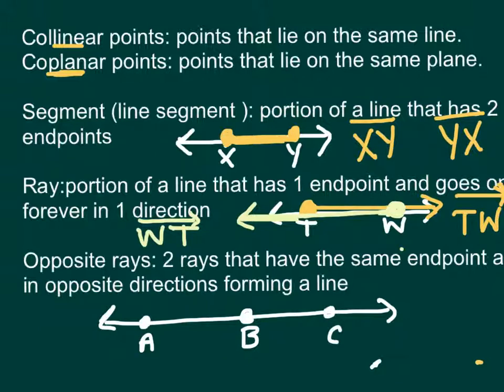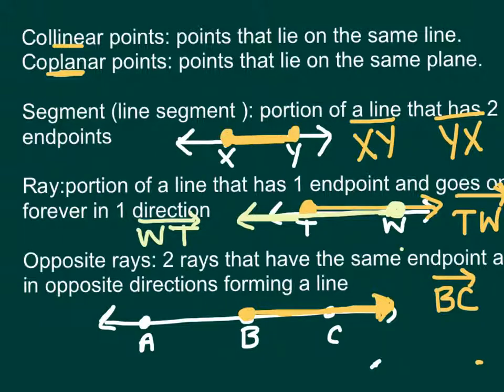All right, so let's say our first ray is this right here. Do you know what the name of this ray is? Okay, think about it. Where's our starting point? Where does it go through? How are we going to name it? That's right. We got to have B and C. And we're going to put our ray symbol. So that's that one right there.